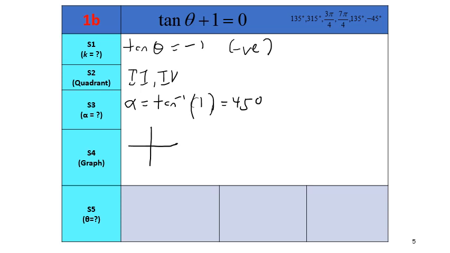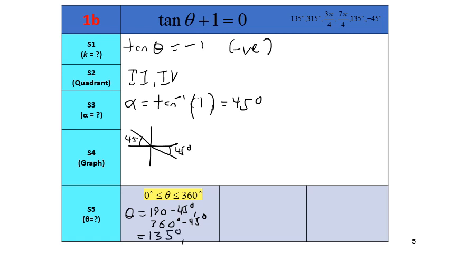So sketch the graph. It is located in the second and fourth quadrant. So for between 0 and 360, the angles would be 180 minus 45 and 360 minus 45. So basically the angles that we get are 135 and also 315 degrees.